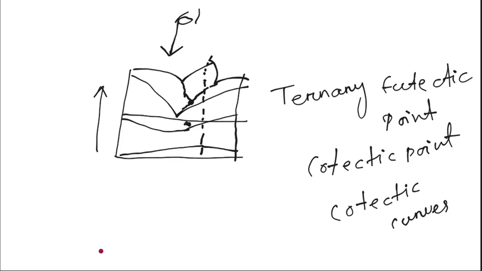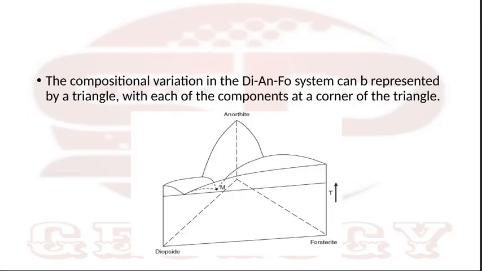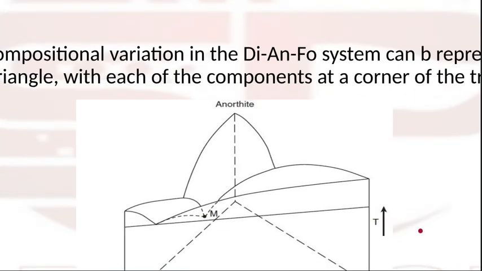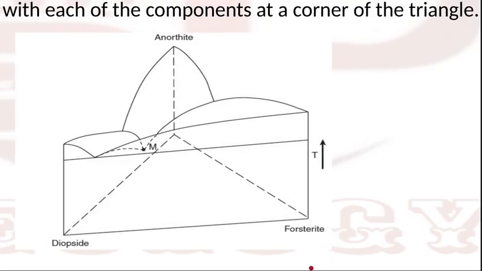So you can see in this diagram, this is one eutectic, this is another, and this is the other one.